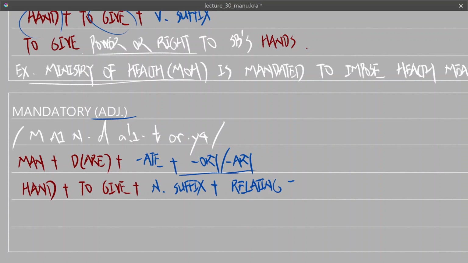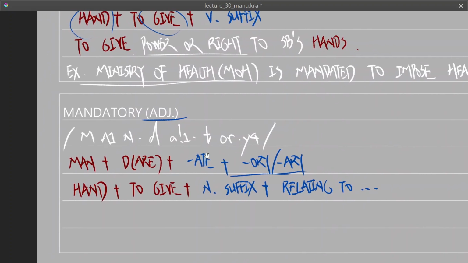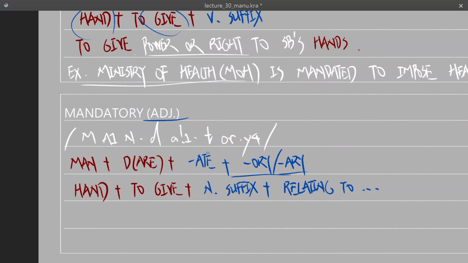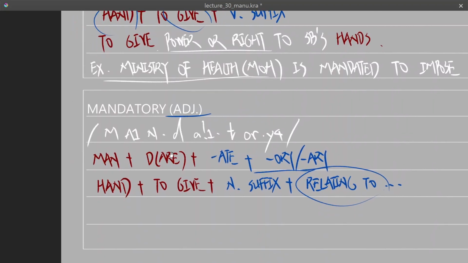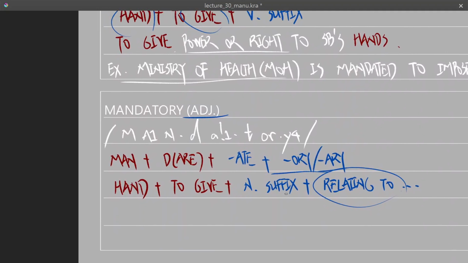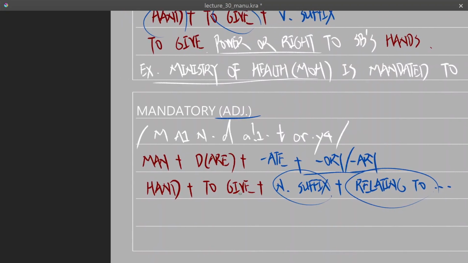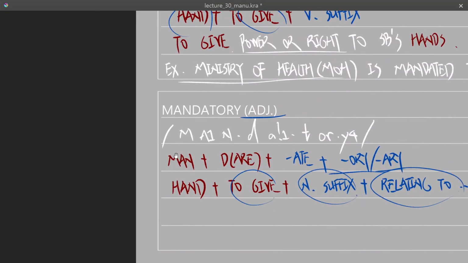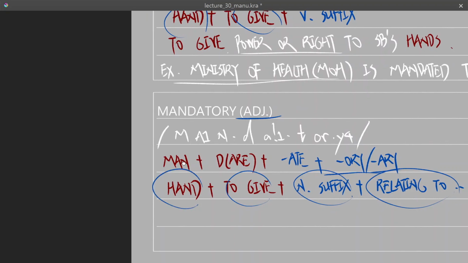So relating to something. So mandatory literally means what? It literally means relating to those rules given to people's hands to follow. That's it.